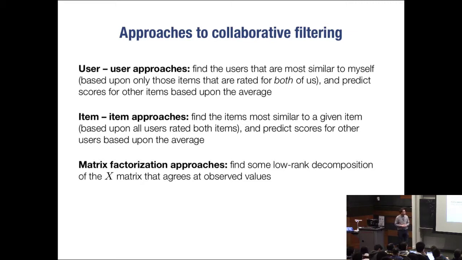In user-user methods, the basic idea is that if I want to predict what I'm going to rate some new movie I haven't seen before, I first find the users that are similar to me, where we'll define what we mean by similar. Since you only have this matrix, what we have to mean by similar is that they've rated movies similarly to me in the past. So if we have any overlap in our ratings, if we've rated any of the same movies before, we should have rated them in similar ways.